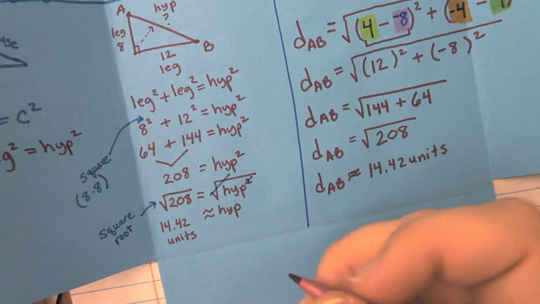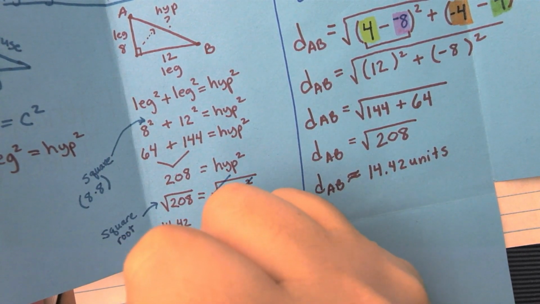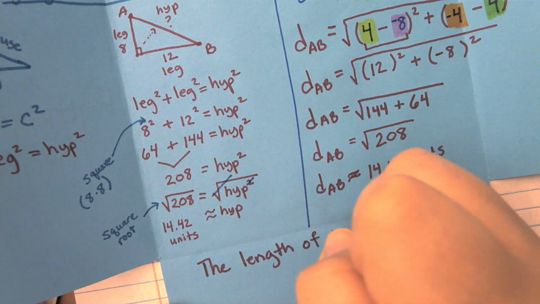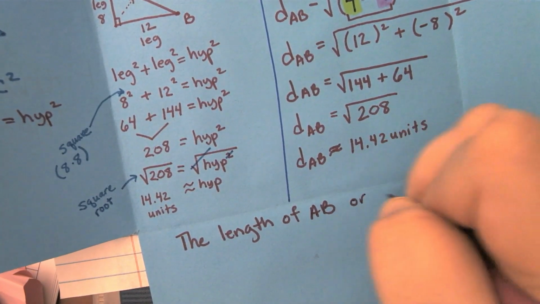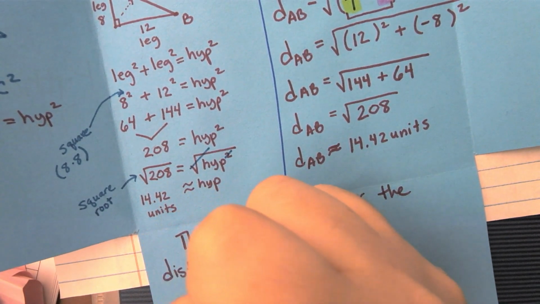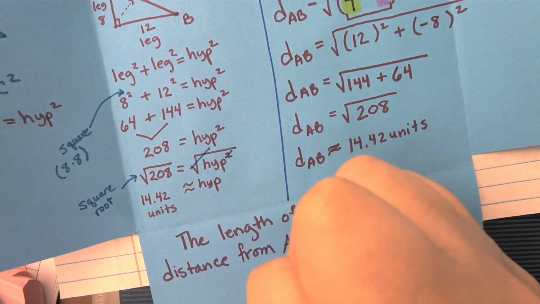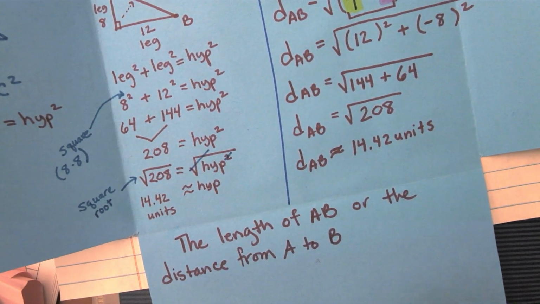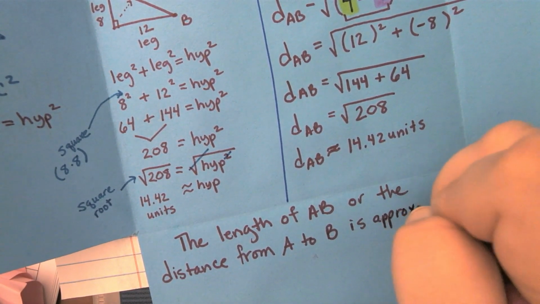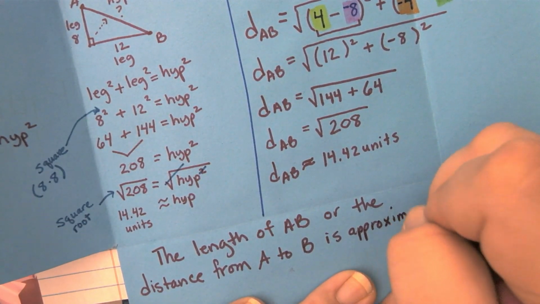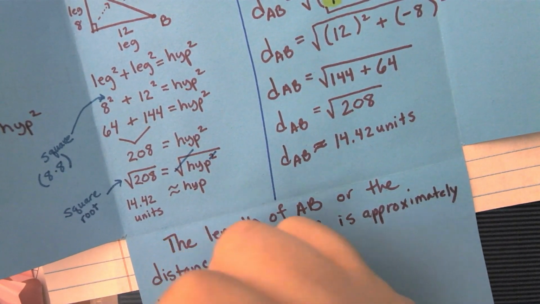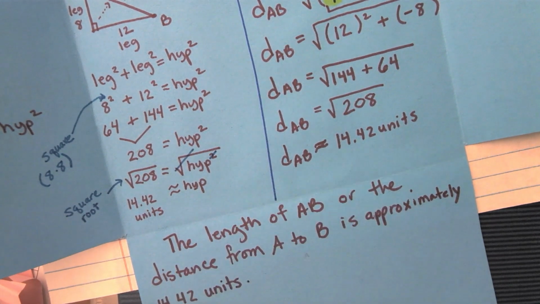We're going to say the length of AB, or the distance from A to B, is approximately, now I'm saying approximately because we used our rounding rules to cut off that decimal, 14.42 units. And there we have it.